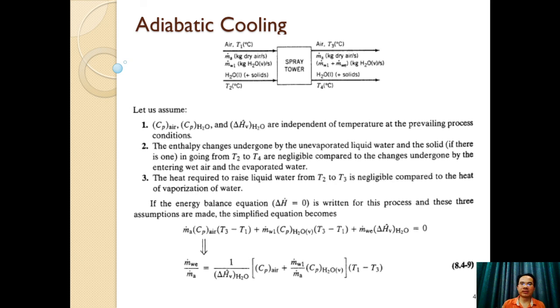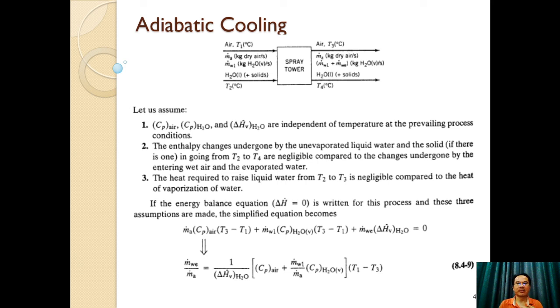If you know that Cp air, Cp water liquid, and Cp water in vapor phase are independent of temperature at prevailing process conditions, the enthalpy change undergone by the unevaporated liquid water and the solid, if there is one, going from T2 to T4 is negligible compared to the change undergone by the entering humid air and evaporation.